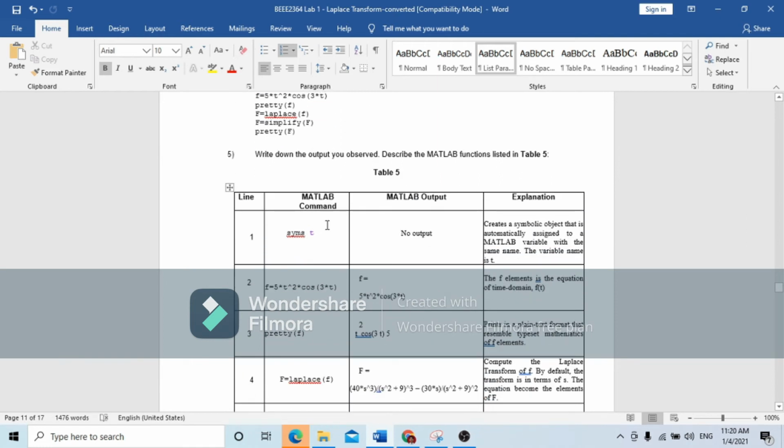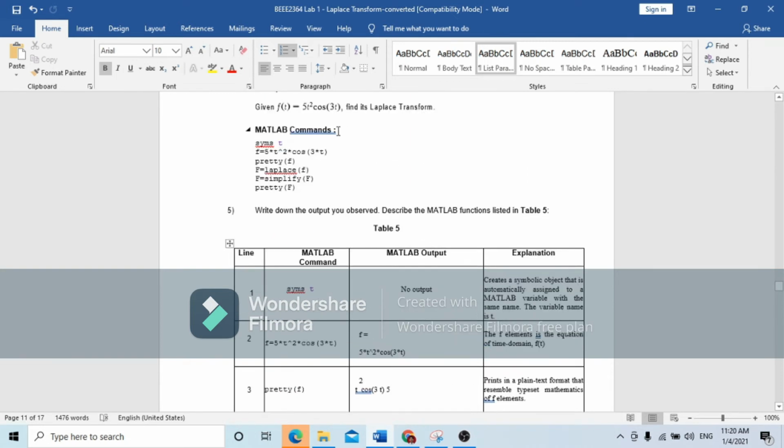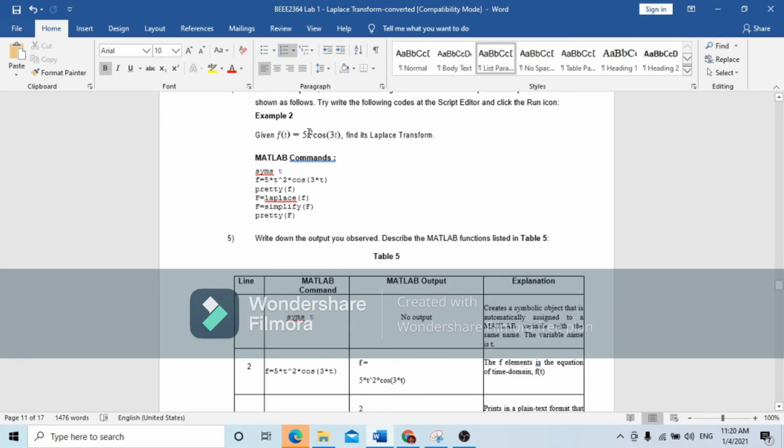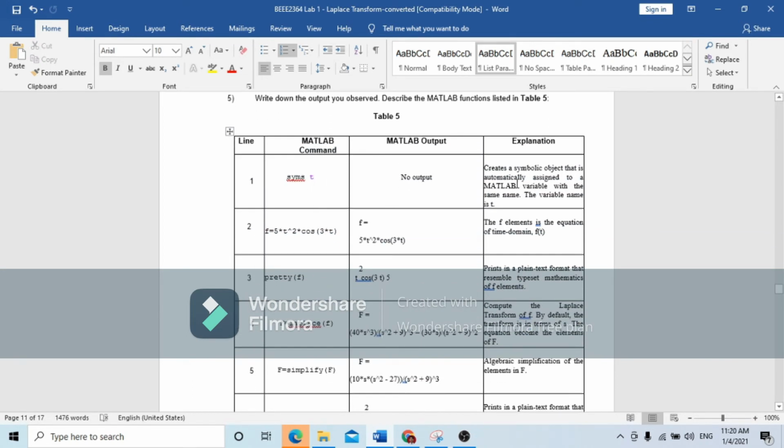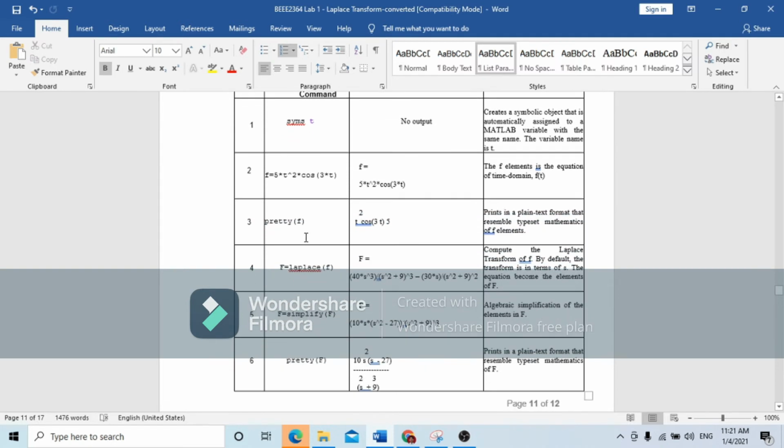syms means to assign variables in MATLAB. So here we assign t as the variable, since from the equation there is t. Then f is the equation that we want to convert from time domain to frequency domain. pretty(f) is to print in typeset mathematical format.